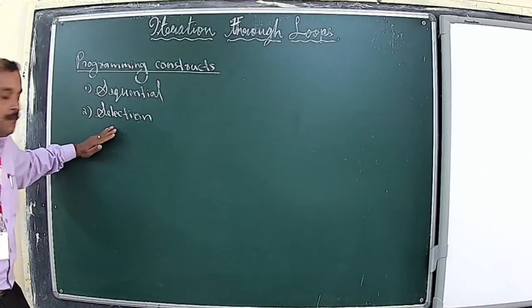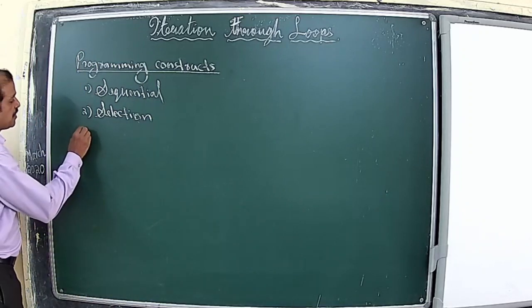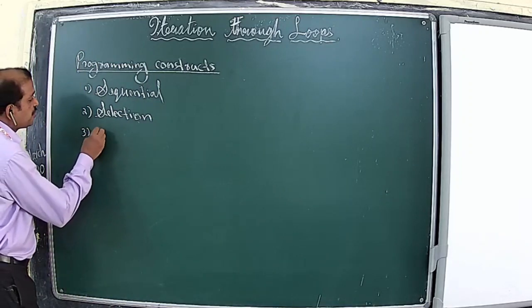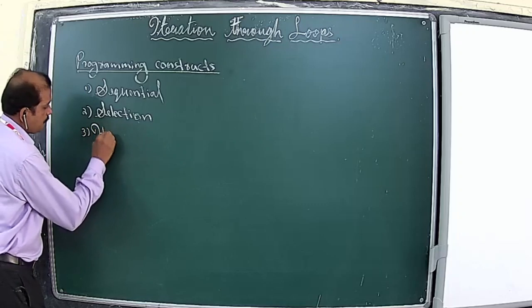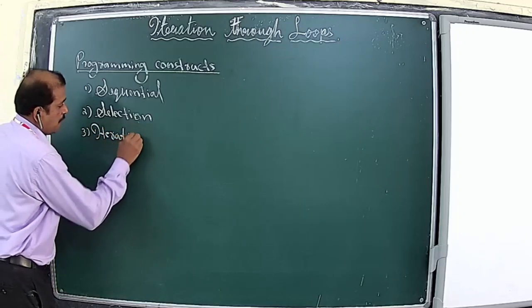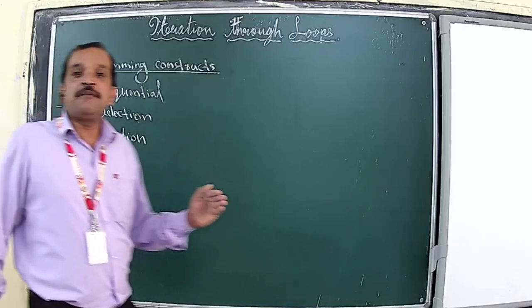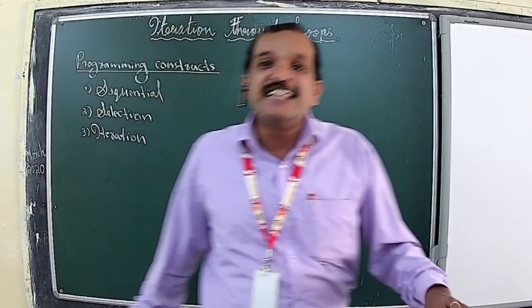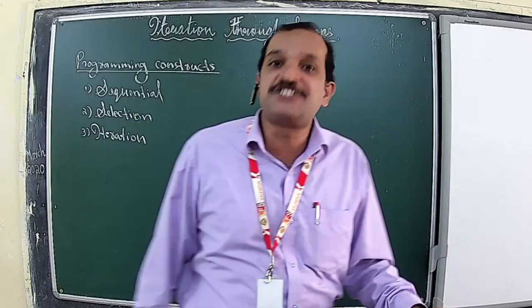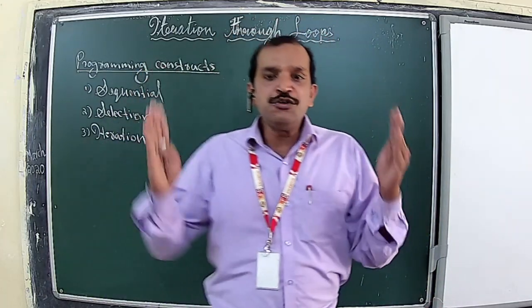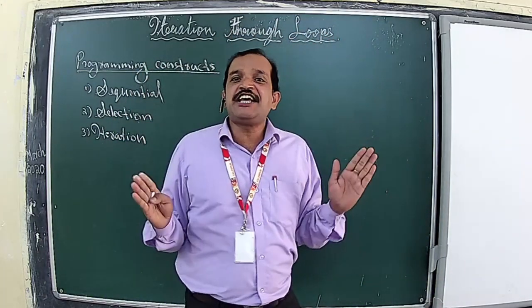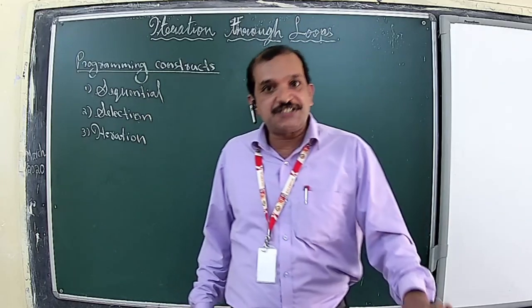Now let us come to the third programming construct in Java, that is iteration. In the iterative way of execution, the statements can be executed repeatedly until some specified conditions have been satisfied. As you know, when you create a program, all the statements will be executed only once.